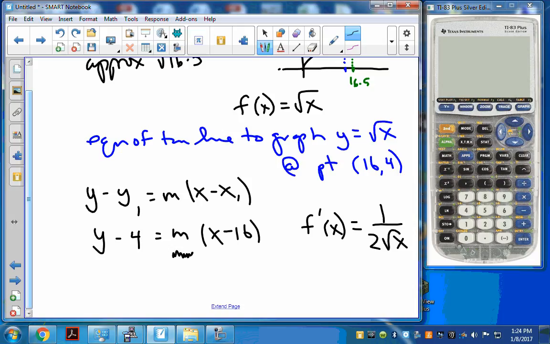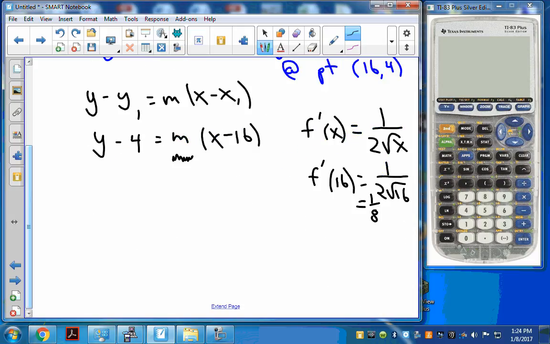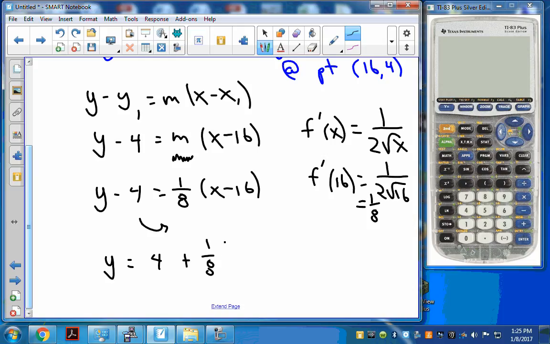So we have to evaluate that at an x value, which is 16. So that's 1 over 2 square root of 16, which is 1/8. Okay, so my tangent line, y minus 4, is 1/8 times x minus 16. I'll move the 4 over, so I get y equals 4 plus 1/8 times x minus 16. That's my line.